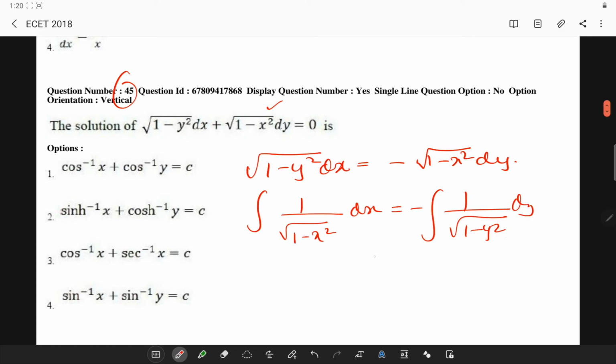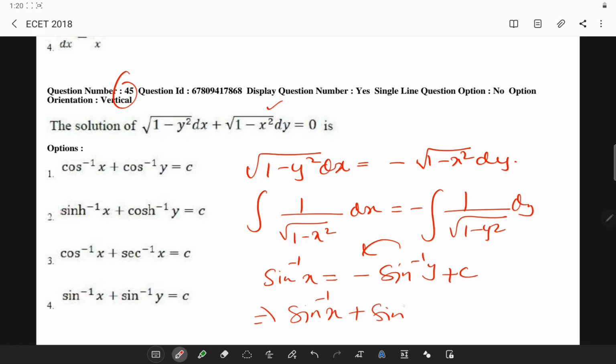And if I apply integration formulas, I will be left with sin inverse x is equal to minus sin inverse y plus c. And if I move this to this side, I will be left with sin inverse x plus sin inverse y is equal to c. So option number 4 is the answer.